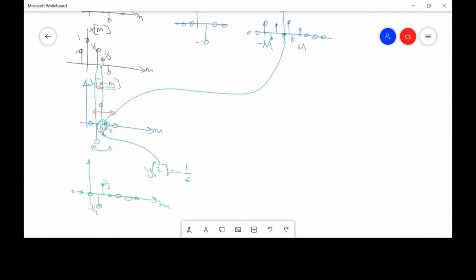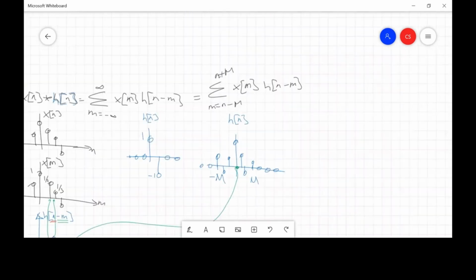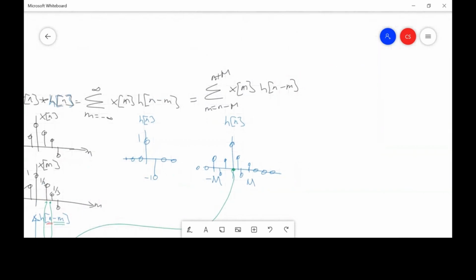So the output at that location is coming from the neighborhood of that point. So it is not only the point, but it is the point and the neighborhood. But the convolution is a special operation in the sense that all neighborhoods contribute in the same way. So it doesn't matter where you are in time, all the neighborhoods contribute in the same way.